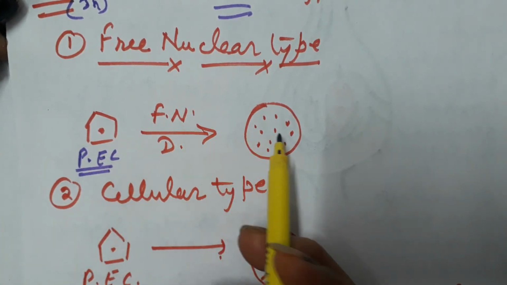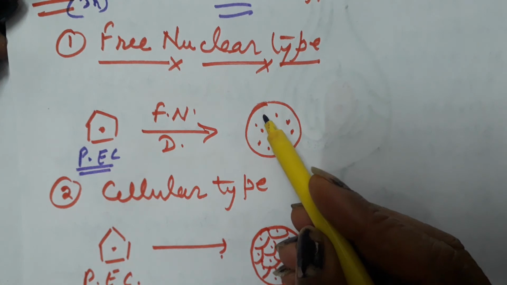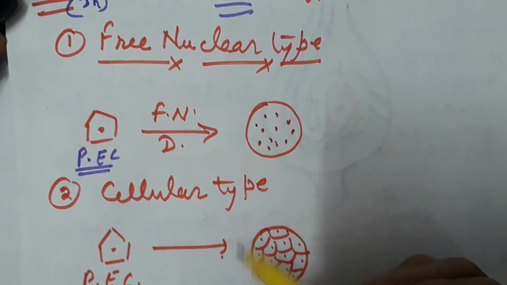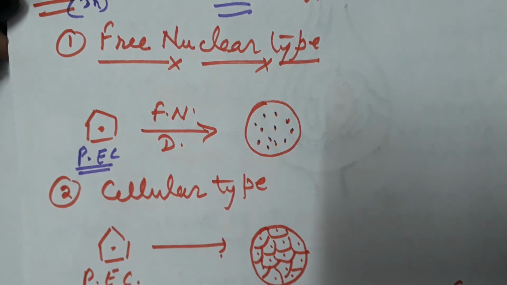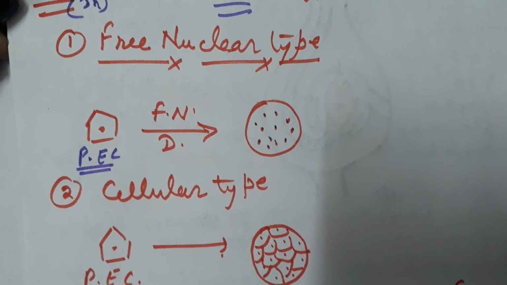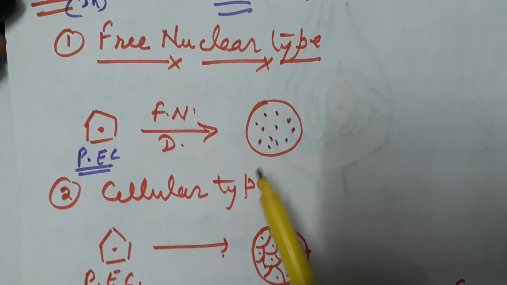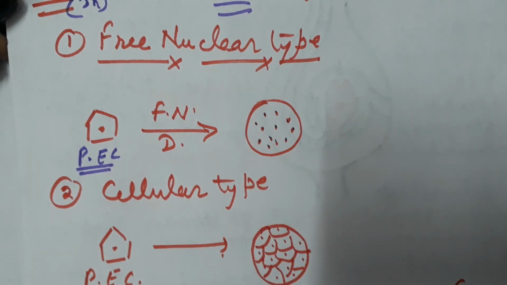Nucleus divides and redivides to form a large number of nuclei. Normally, every nuclear division is followed by cell wall formation, but here no cell wall formation takes place, only the nucleus divides and redivides to form a multinucleated structure. It is known as the free nuclear type of endosperm development.